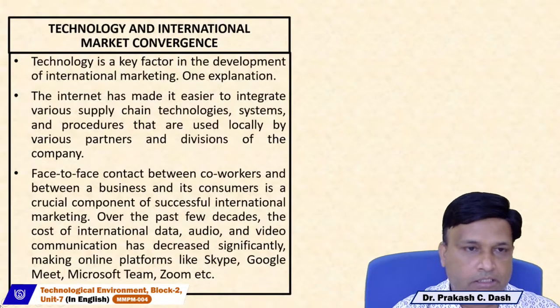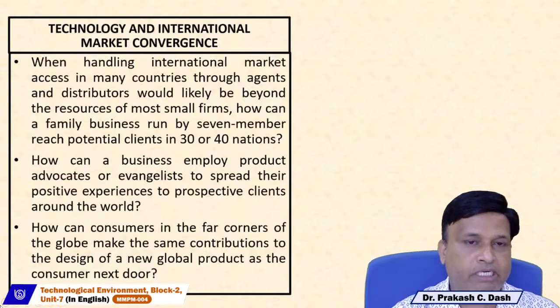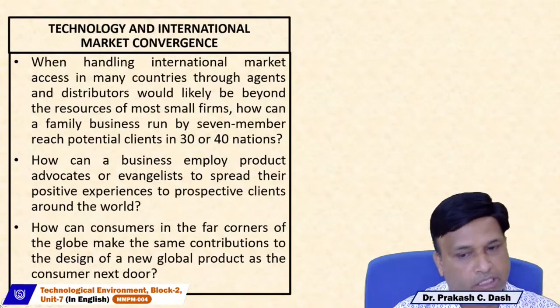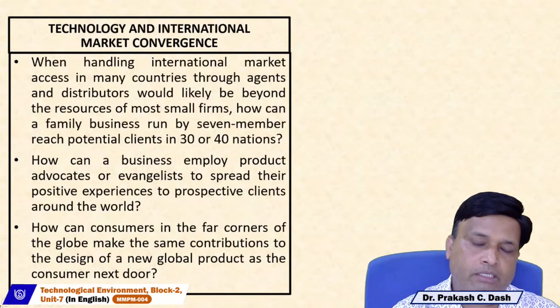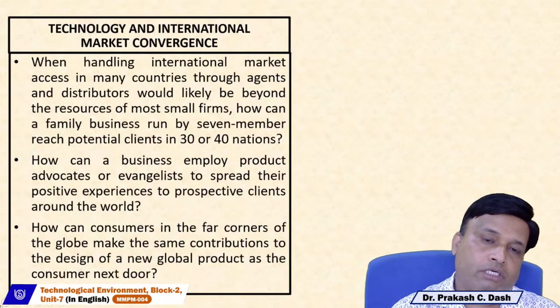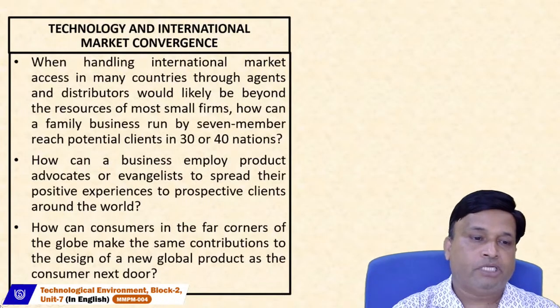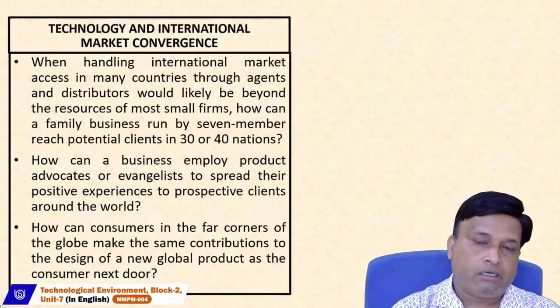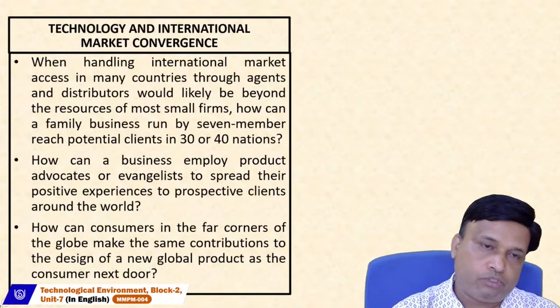When handling international markets, access to many countries through the same distributor is possible. If you are a small company, you are not able to compete because you don't have physical resources. But technology makes it easier to reach different people and serve them. The consumers in far corners can also be reached with the help of technology.